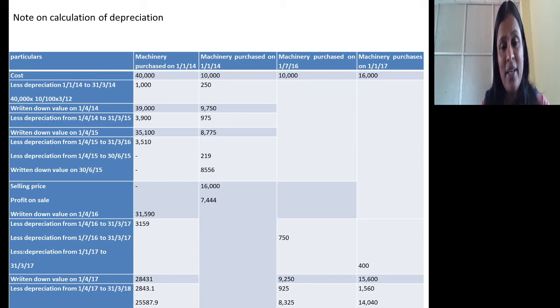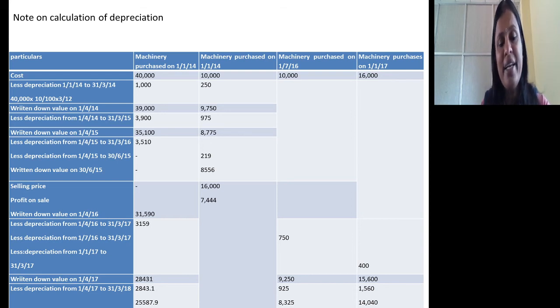But the 10,000 rupees machinery will be with us till 30th 6. So we are calculating depreciation from 1/4 to 30th 6, 4th month, 5th month, 6th month, only for 3 months. So 8,775 into 10 divided by 100 into 3/12 is 219.